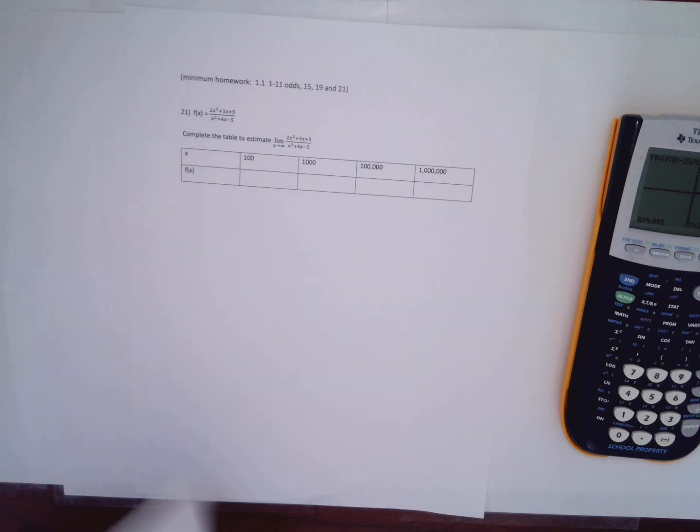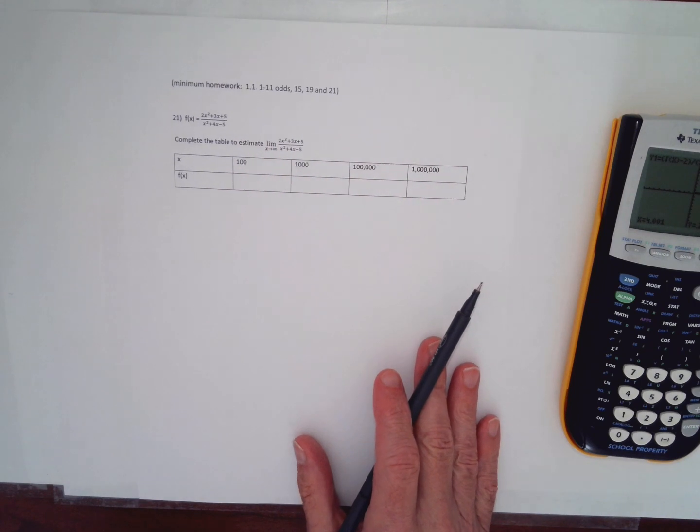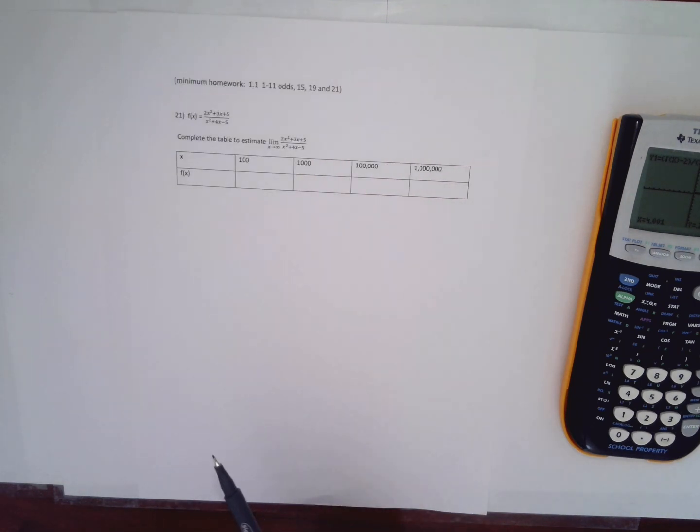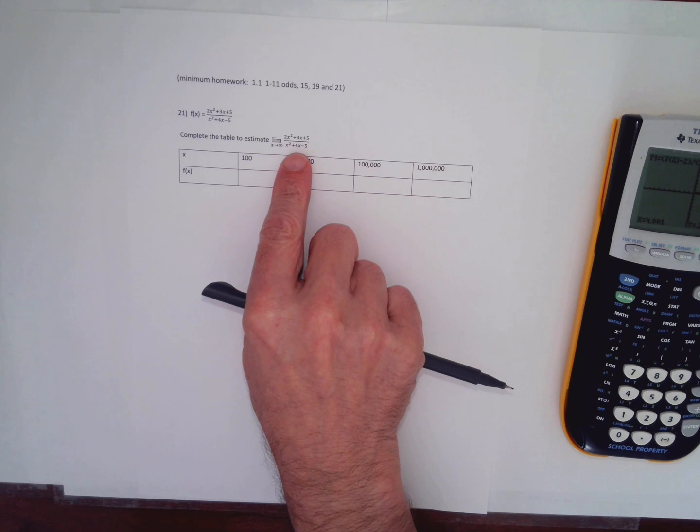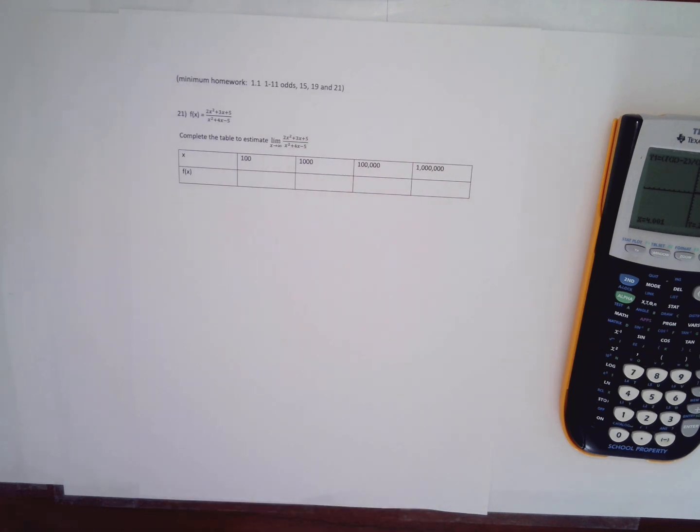Now we need to do a couple limits at infinity on our calculator. And to do a limit at infinity, not only do I need to enter the function in my y1 properly, putting the numerator in a parentheses, the denominator in a parentheses, I also have to expand my x max.